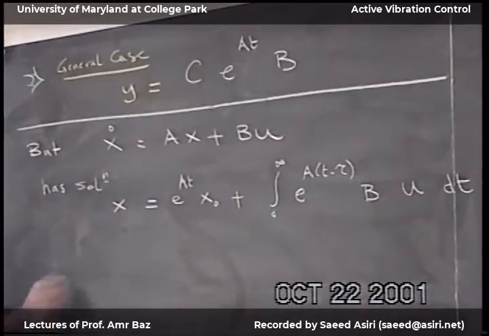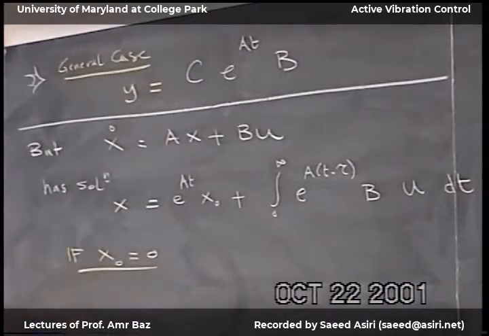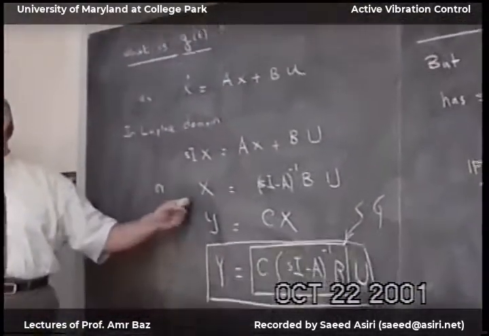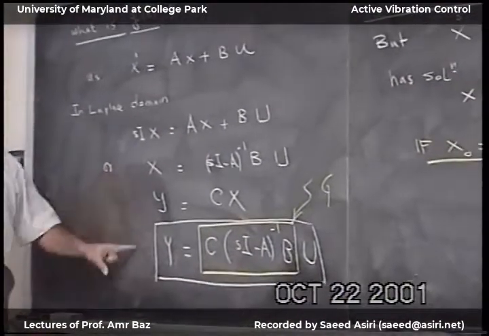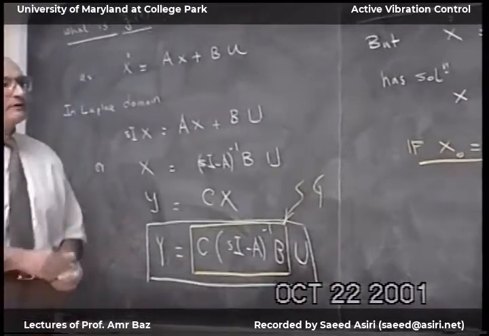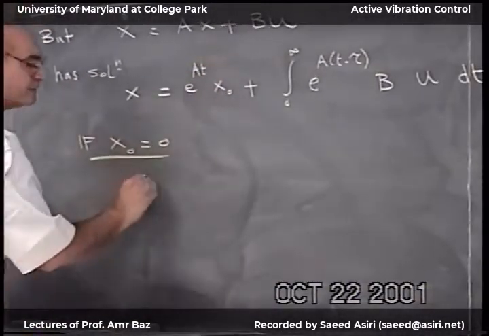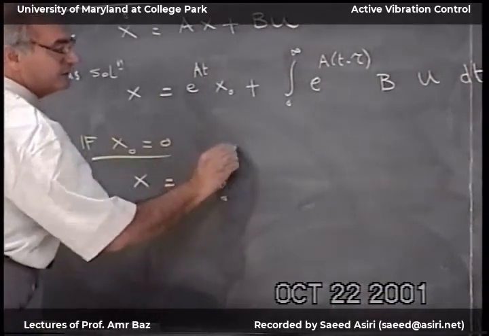Now, if the initial condition is equal to 0, which is a must for the Laplace transformation, if we want to get the transfer function of the system, we put the initial condition equal to 0. Then this term will drop out, and we have x equal to this integral.